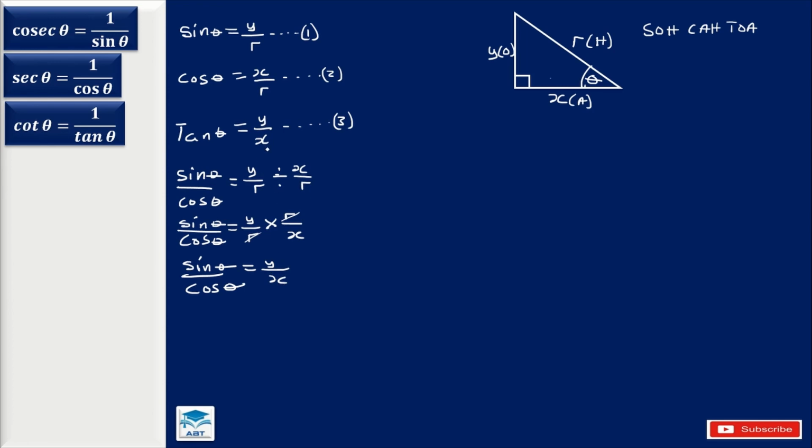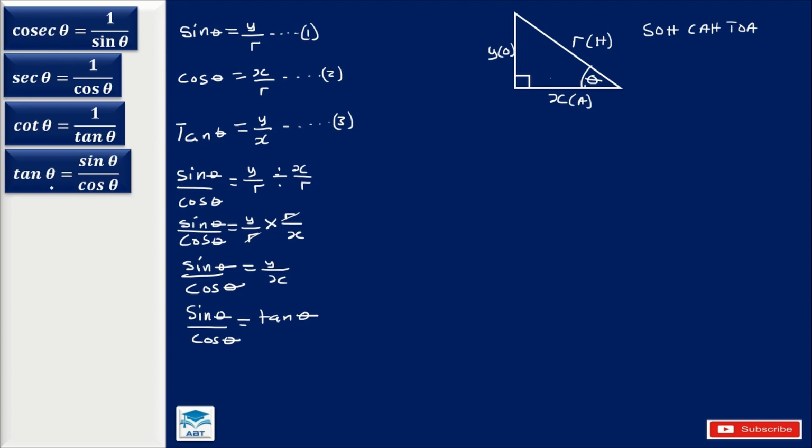But y divided by x is equal to tan theta. So we will replace y over x with tan theta. So sine theta divided by cos theta is equal to tan theta. That is another identity. Tan theta is equal to sine theta divided by cos theta.